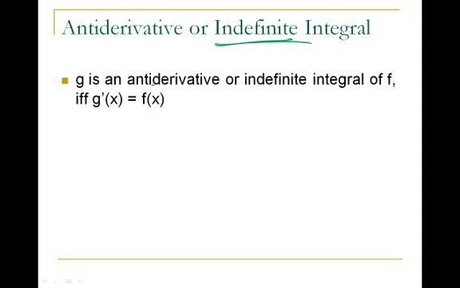So if g is an antiderivative or indefinite integral of f, then g prime of x equals f of x. And that's what we just did with velocity. Why do we call this indefinite? Well, because with that plus c at the end, unless we're given further information, we can't find the definite integral. And that's what we were doing earlier on in the year.